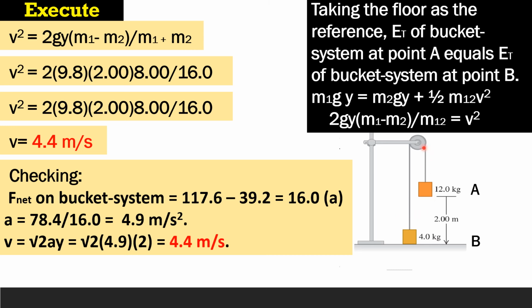So imagine from rest, the 12 kilogram is accelerating downward. When it is about to reach point B, it has a final speed, and when it has a final speed, it also has a final kinetic energy. That was mentioned earlier.